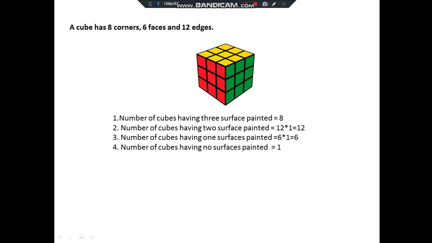We have 12 edges, so 12 cubes have 2 surfaces painted.